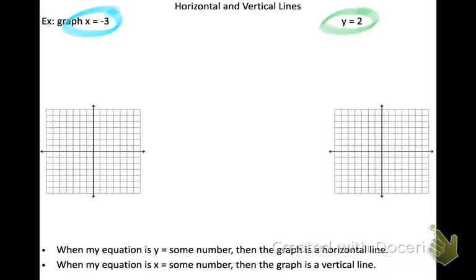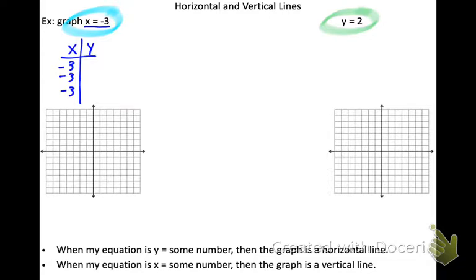And again, just really quickly, the easiest way that I think to teach this is if I make this into a T-chart, so if I do an XY table, if it's telling me x is equal to negative 3, it's telling me that x is always going to be negative 3. So my column that has x's in it is going to be nothing but negative 3's.